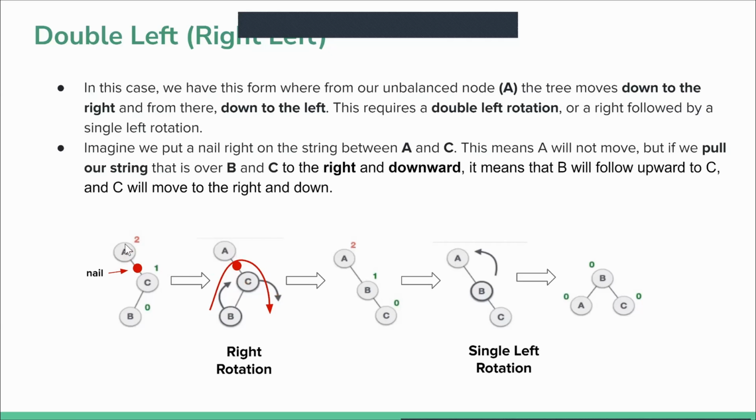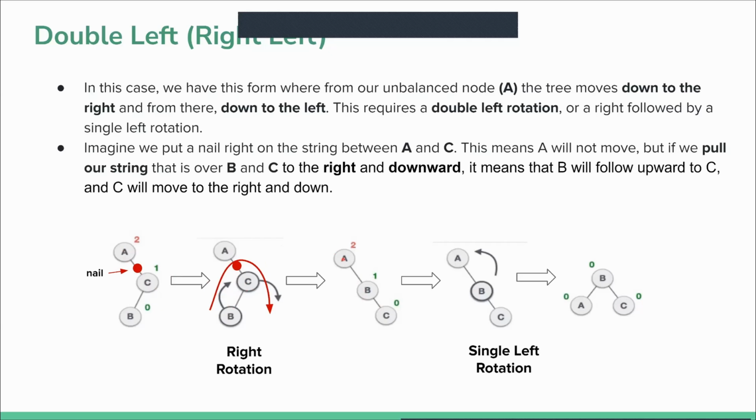A stays the same because the only nodes that can move are C and B. We pull this C down; it goes over the string and down. Maybe you see it better this way, however you see it. You can always look at references; there are plenty of resources online. So we pull C downward, B follows, and we're left with C here, B here, A here.